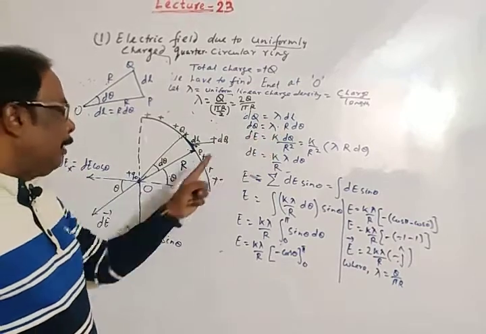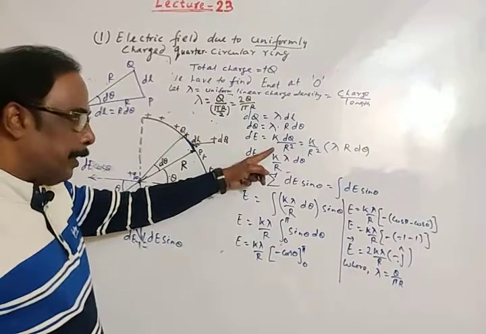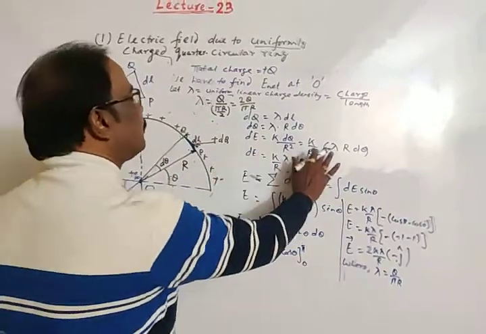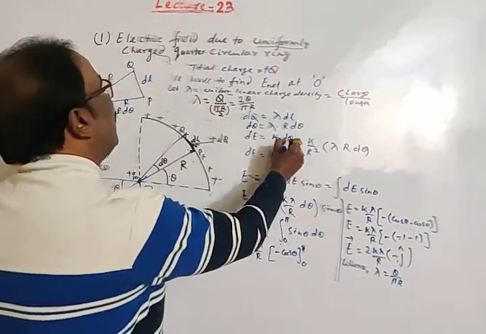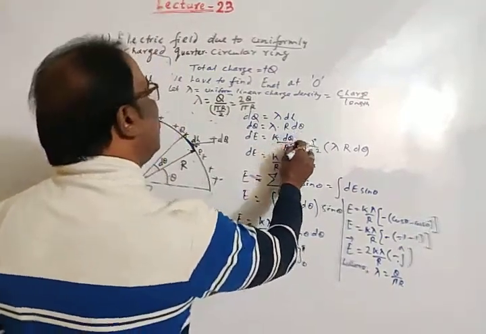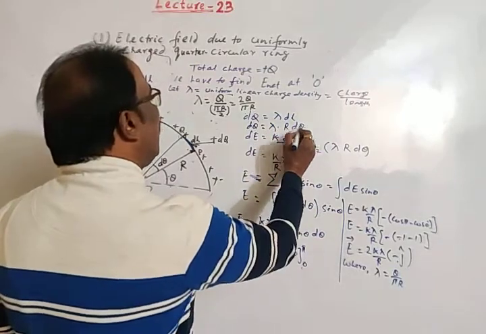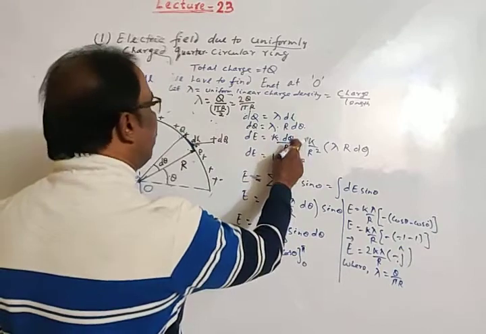The electric field dE at the center is k dq by r square. Okay, then again the same thing, k by r square into dq.